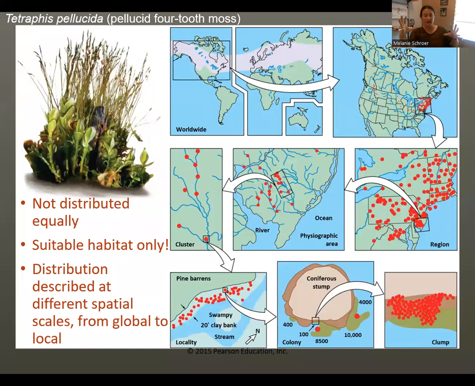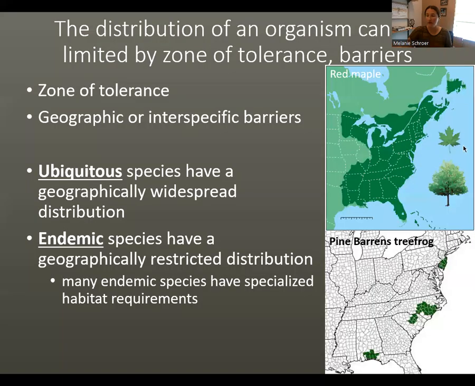Even in the habitat range, the distribution of individual organisms, sometimes these species are not uniformly distributed. That is, even though we see that all of South Jersey is covered by Pine Barrens tree frog distribution, this dark green, in reality, you don't see Pine Barrens tree frogs just like on the lawn.